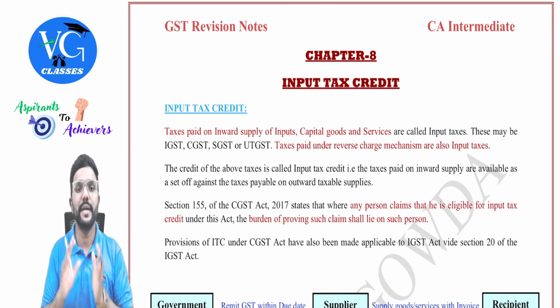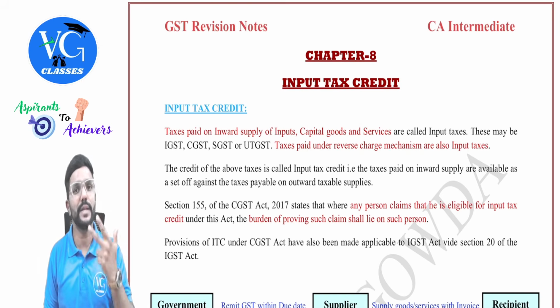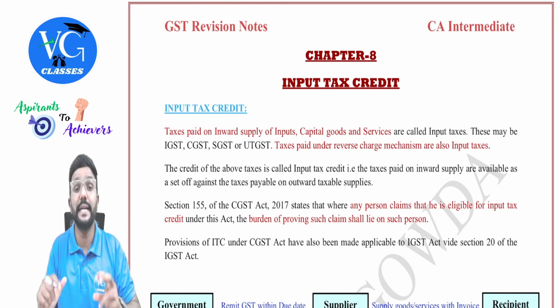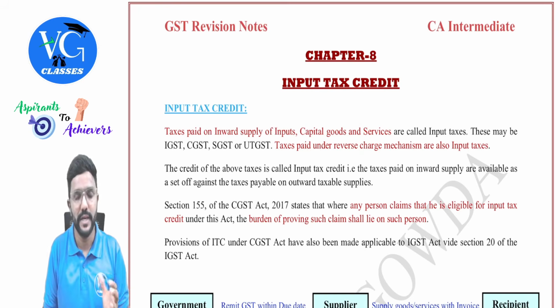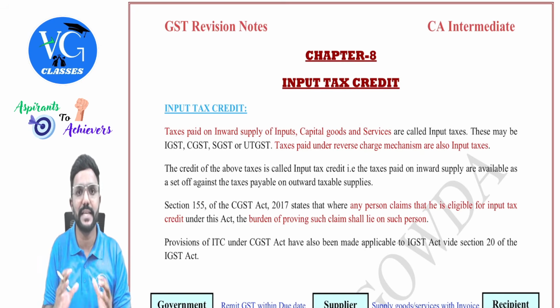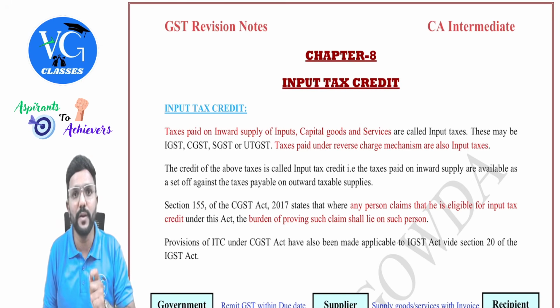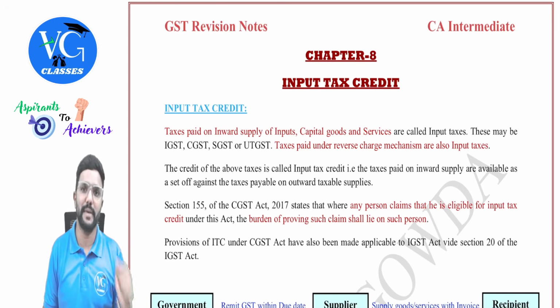Okay. So whatever tax we have paid on the inward supply of input, which is nothing but raw material, or the input service, or the capital goods, which is used or intended to be used for business, if I can claim the credit of it, we call it input tax credit, guys. And input tax credit can be used against the output tax payable on the outward supply.